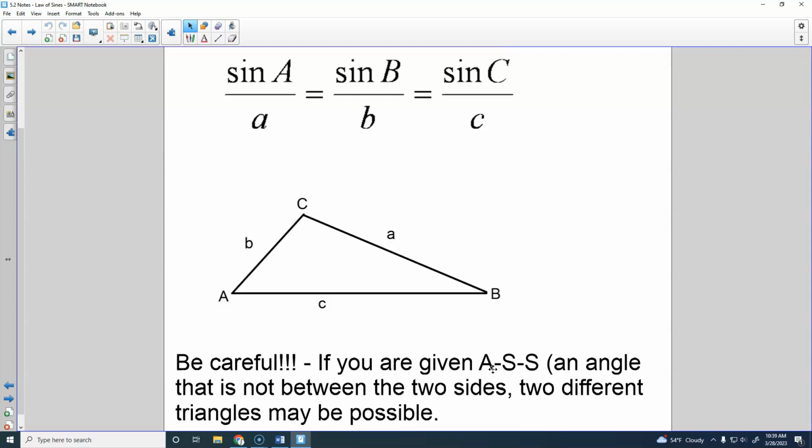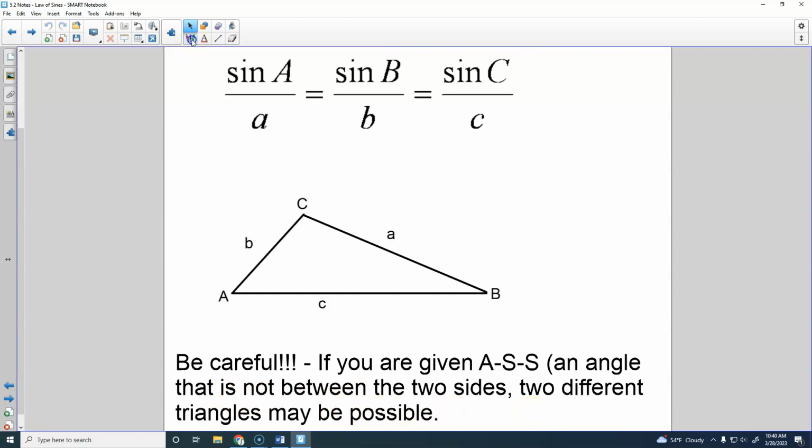Please do not do this on an unrelated topic. But angle side is something that we have to watch out for. The reason it was not a triangle congruence theorem is because with angle side, two triangles might be possible, right? And when we say angle side, it's an angle that is not between the two sides that you know.